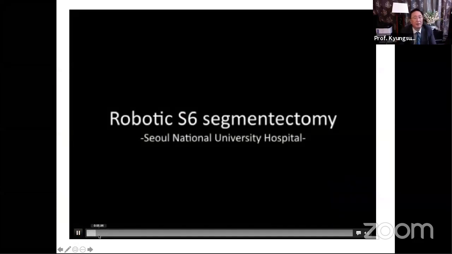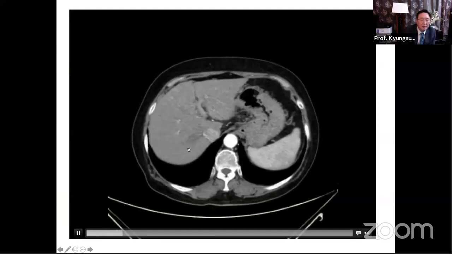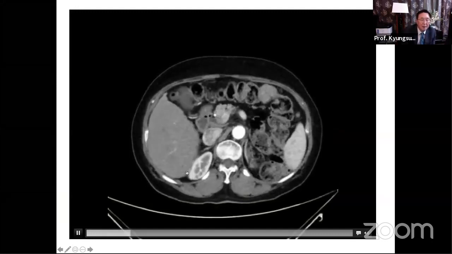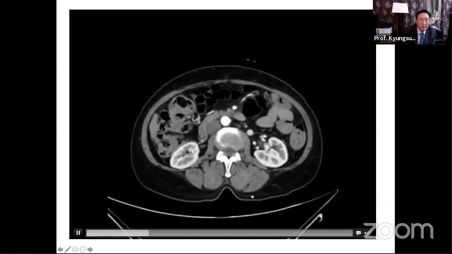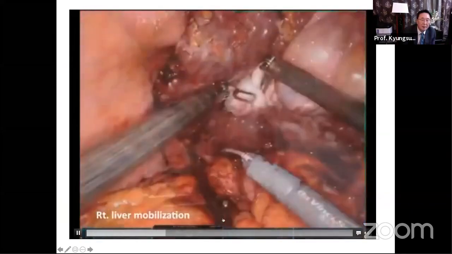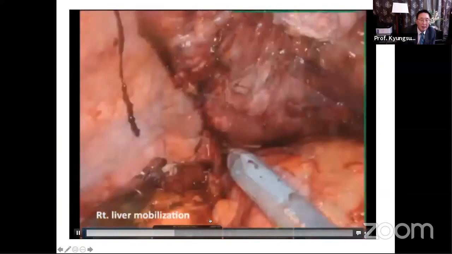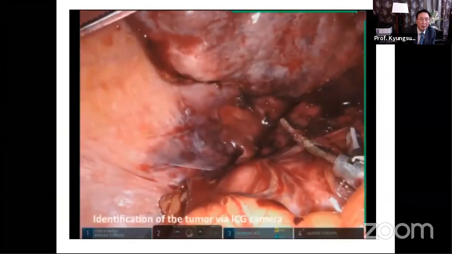Also, we have robotic surgery nowadays, and we can do some segmentectomy with the robotic surgery. This is a 1.4 centimeter tumor in segment 6. It's here, and at this time I applied robotic surgery. As you can see, we can dissect very gently, very delicately with the robotic arm.